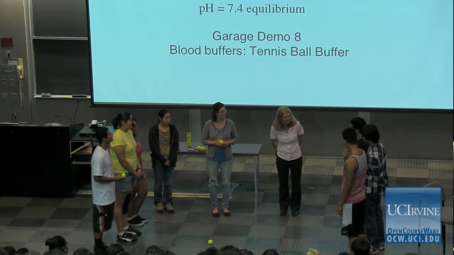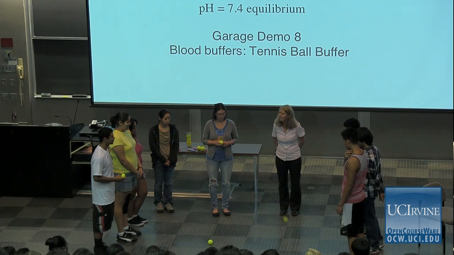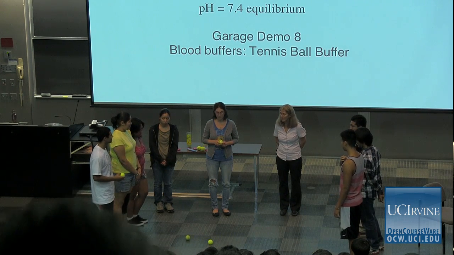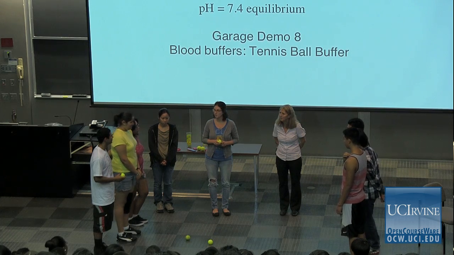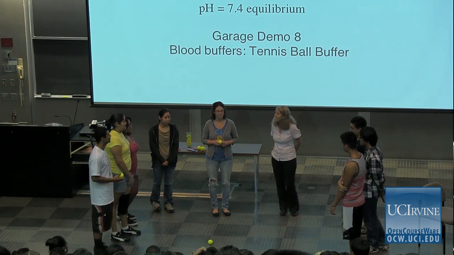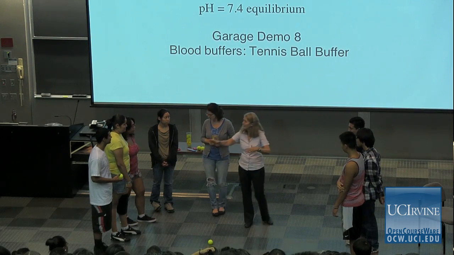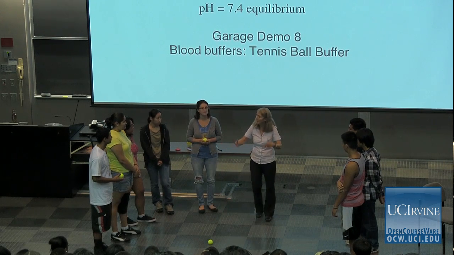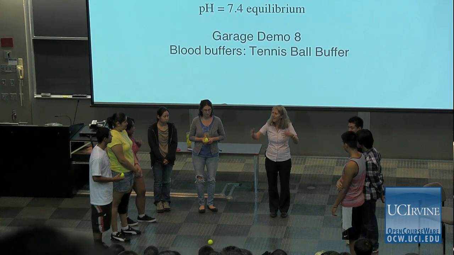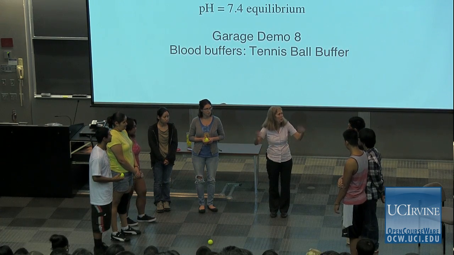What happens if you release it? Go ahead, release it. What's going to happen? And what's the blood buffer system going to do? The bicarbonates are going to pick them up, right? So you're always going to have, in this situation, 3 free hydrogen ions, and your buffer system is going to try and take care of it.